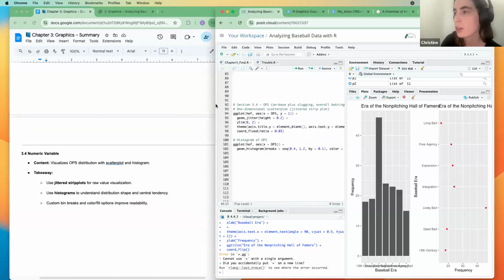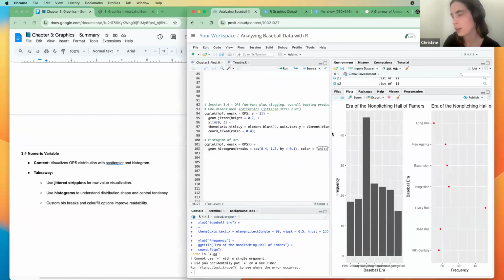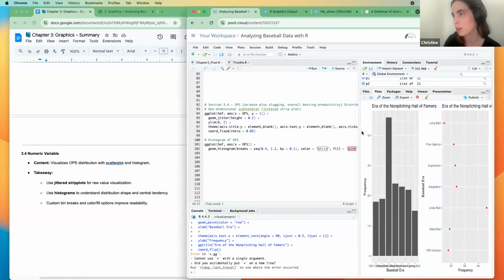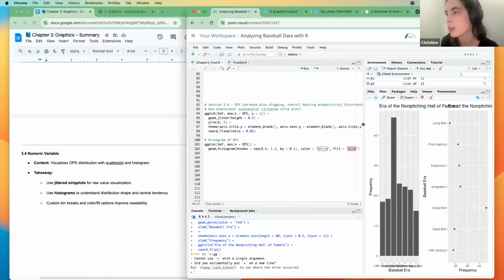Cool. And then in 3.4, we looked at a combined score for batting productivity, on-base plus slugging. And we used the jitter just to make it a little bit more readable.